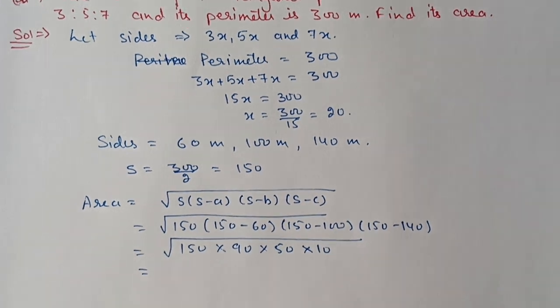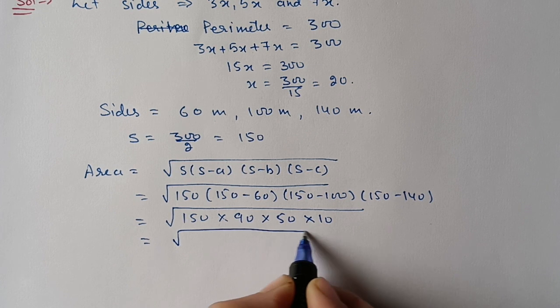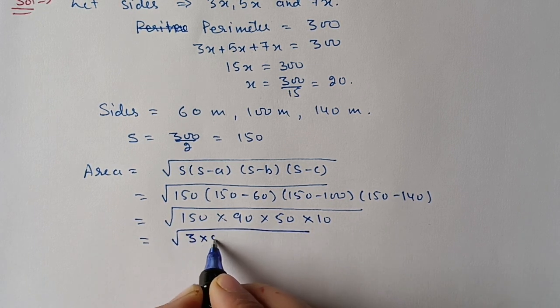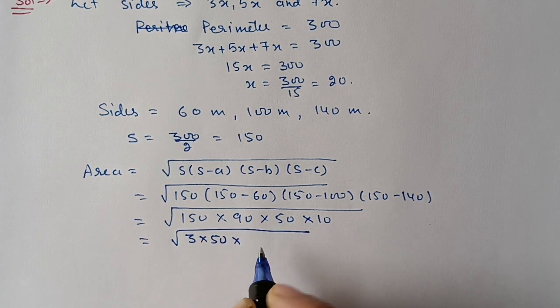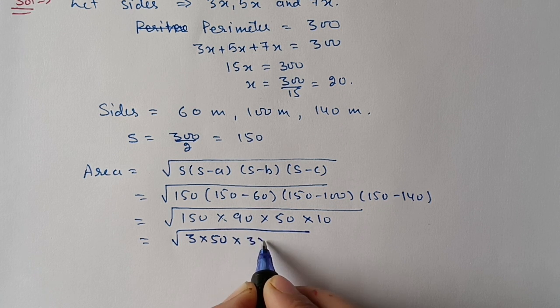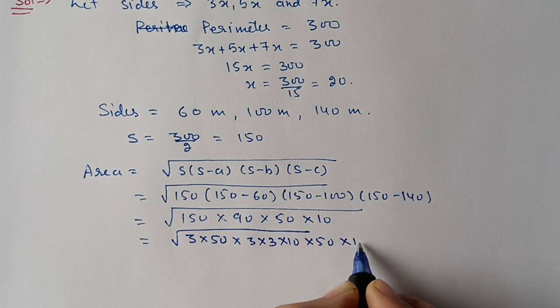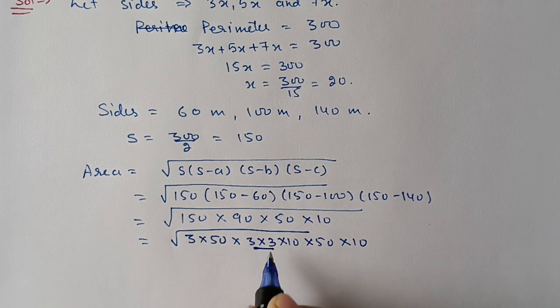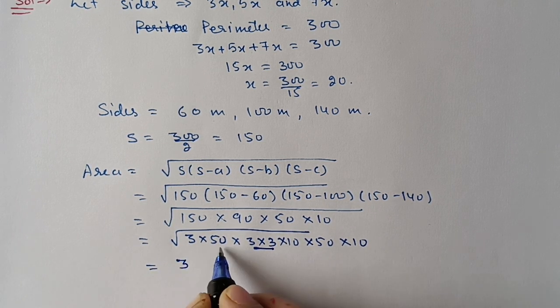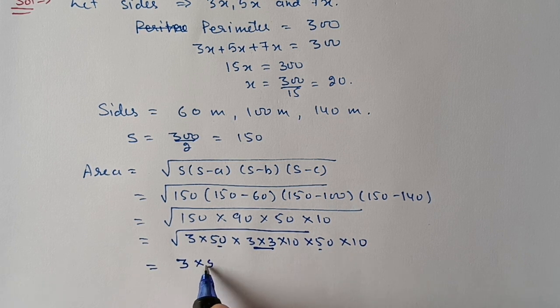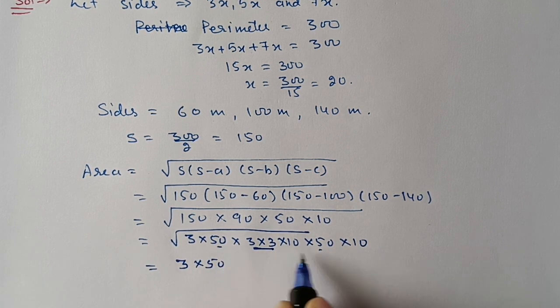We can split it out. 150 we can write as 3 into 50. 90 we can write as 3 into 3 into 10, and 50 as it is, and this 10 also as it is. So these 3 are in pair, we can take it out. 50 is also in pair, we can take out, and 10 is also in pair.